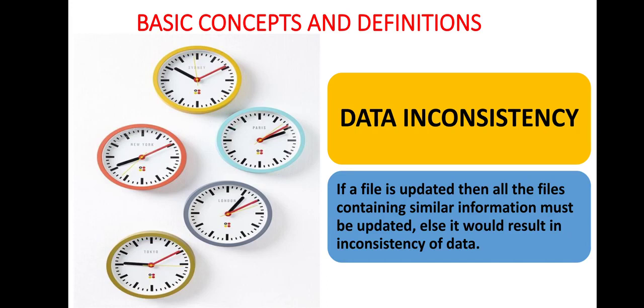In one place one value is kept, and in the other place the same information is modified, but it is not reflected. So in many places the data is kept inconsistently. Now I hope you have understood the concept. If a file is updated, then all the files containing similar information must be updated, else it would result in inconsistency of data. I can give you one more example.